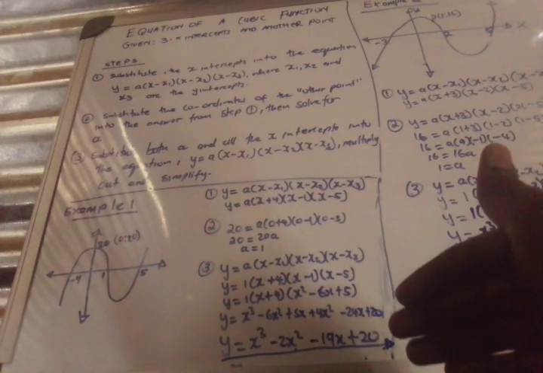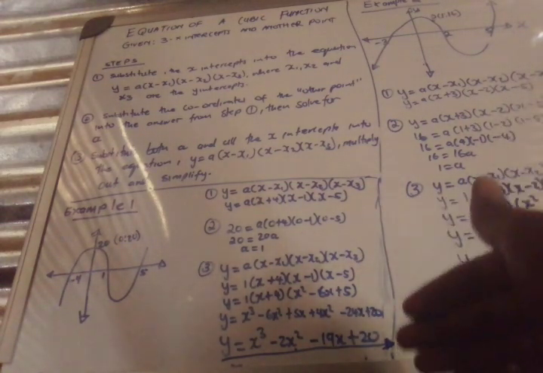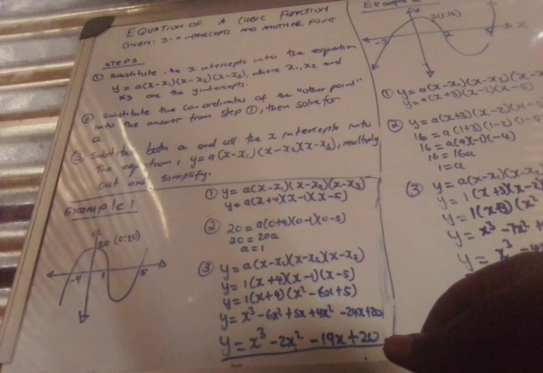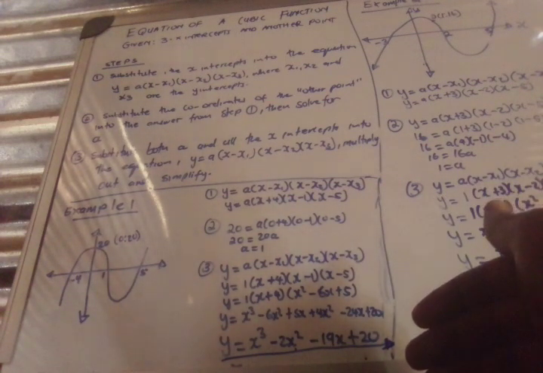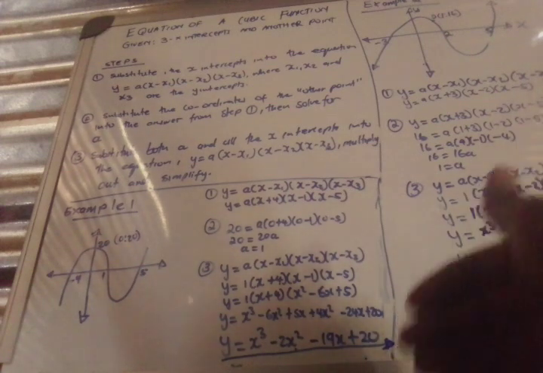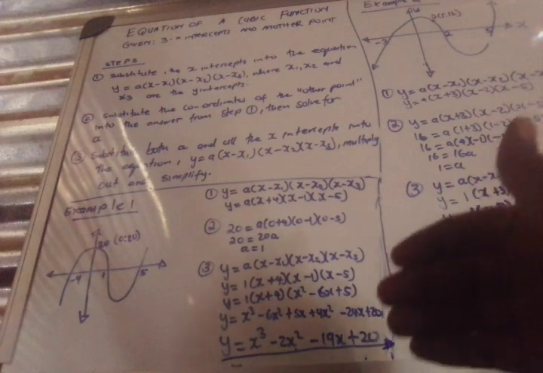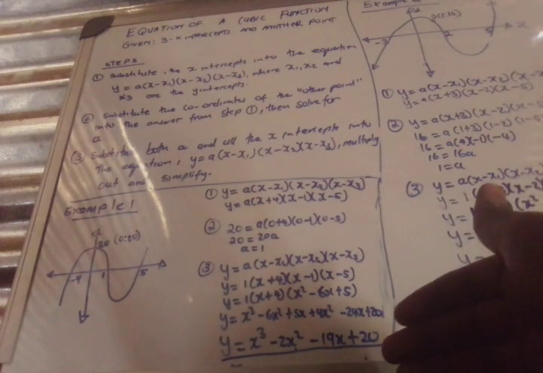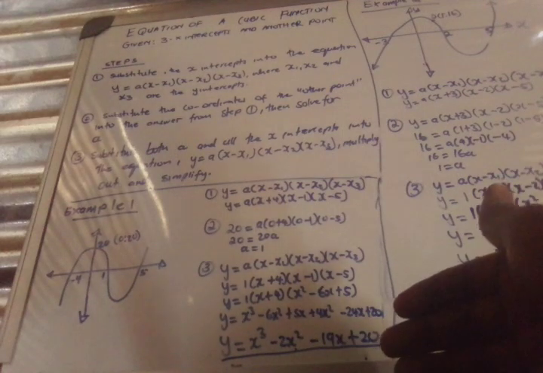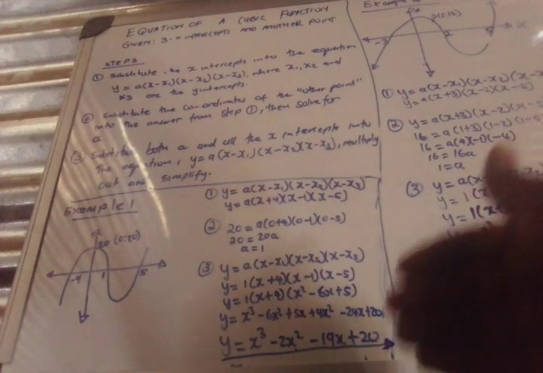Just substituting my x-intercepts into the standard equation. And from there I'm going to substitute the coordinates of the other point into the answer that I got from step 1. So here's the answer that I got from step 1. What I simply need to do is substitute the coordinates of the other point.